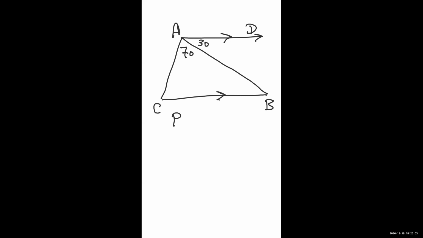Prove that AB is greater than AC. Now look at this question. I want to prove that AB is greater than AC. What is the opposite angle to AC now, guys?